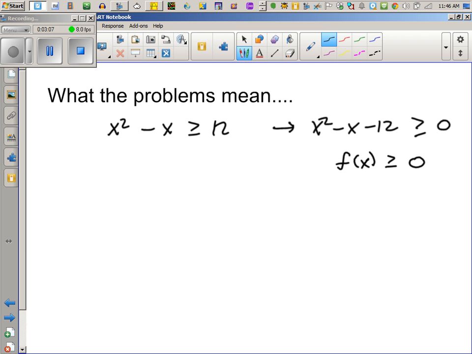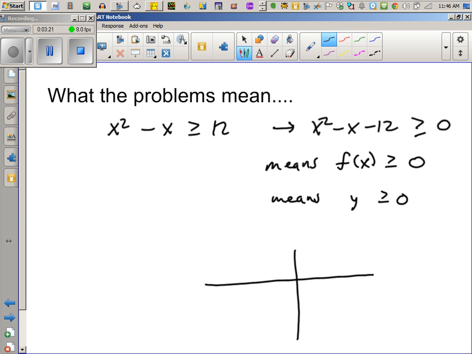What's another way to think of f of x? Y. Yes. So this means the function's greater than or equal to 0, which in turn means y is greater than or equal to 0, which means there is this graph of f, and we're looking for the parts that are above the x-axis.